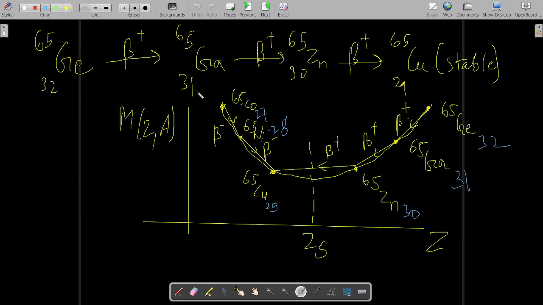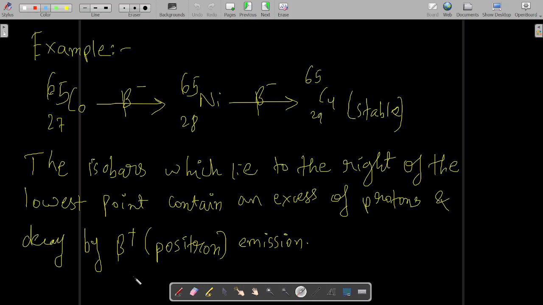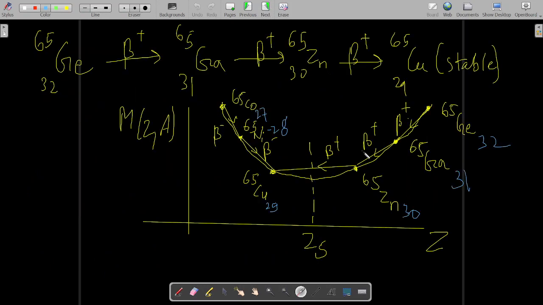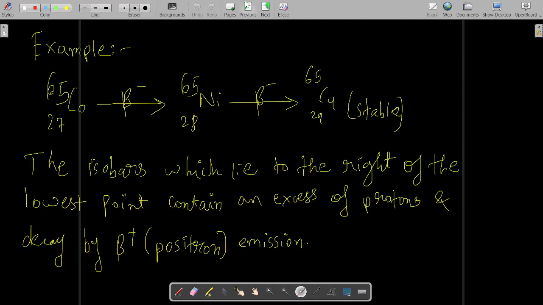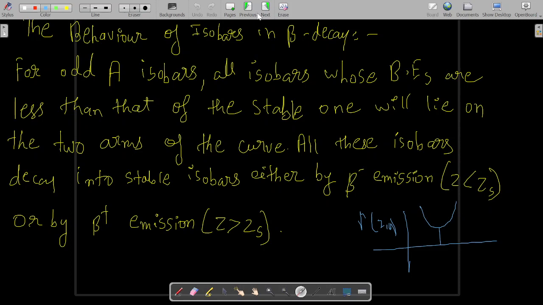So right hand side ones undergo positron emission and left hand side ones undergo beta minus emission.